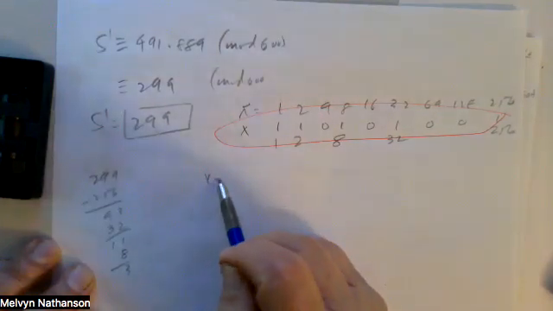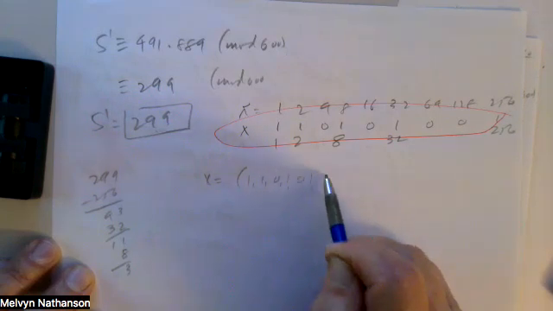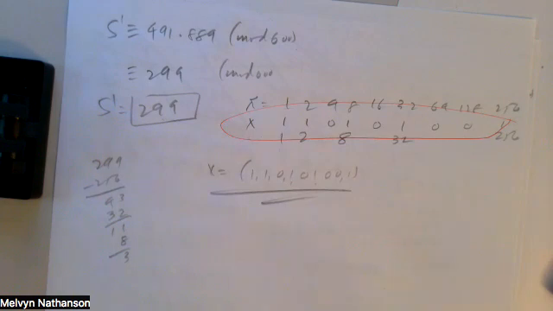I recovered X as the binary sequence 1, 1, 0, 1, 0, 1, 0, 0, 1. That's what it was. So that is the Merkle-Hellman algorithm, the knapsack crypto system.